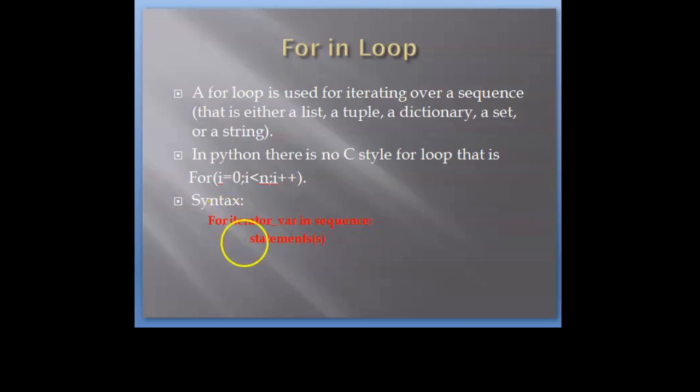If we have written for i in list, then we will print i. It will automatically print all the elements of that list. So this is the main use of the for loop.